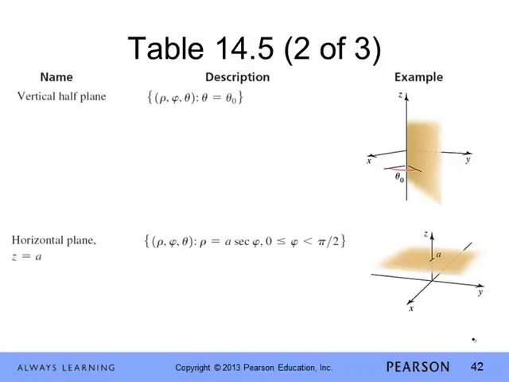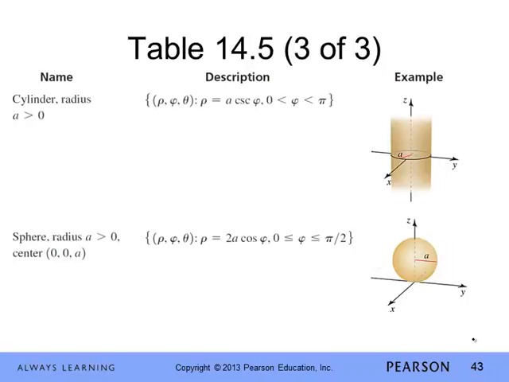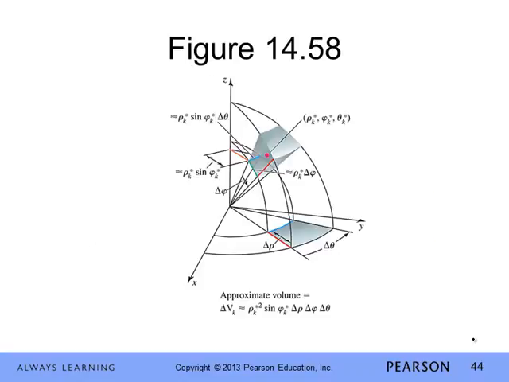If you want your horizontal plane, we already saw a specific example, but rho equals a secant phi. A cylinder of a fixed radius is rho equals that radius times cosecant phi. So we already saw our sphere sitting on top of the plane, or we can shift it downwards if you want, adjusting appropriately. What does the dV element look like in spherical coordinates?